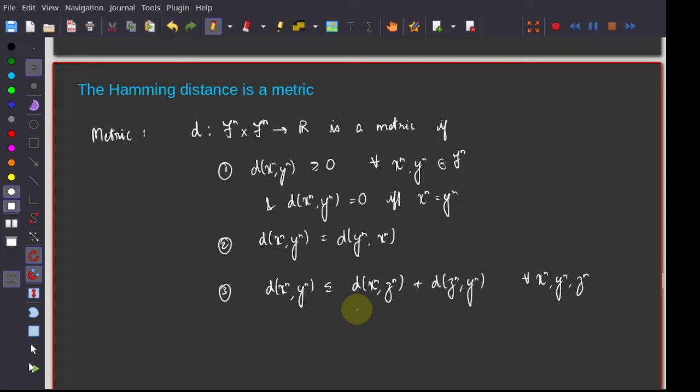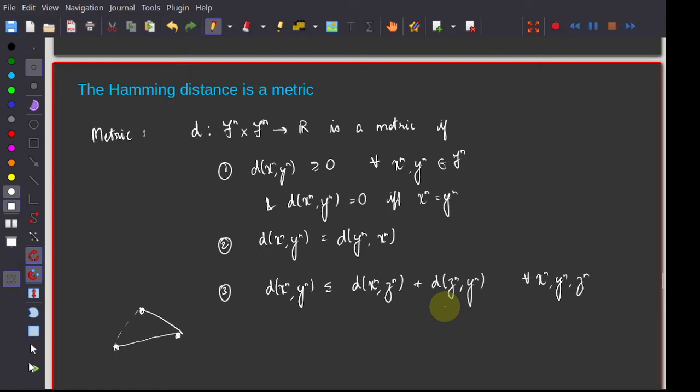If I take any 3 points, and I look at the distance from point A to point B and add the distance from point B to point C, then this should be greater than or equal to the straight line distance from point A to point C. So this is the triangle inequality. A function is a metric if and only if it satisfies property number 1, it is symmetric, and it satisfies the triangle inequality.